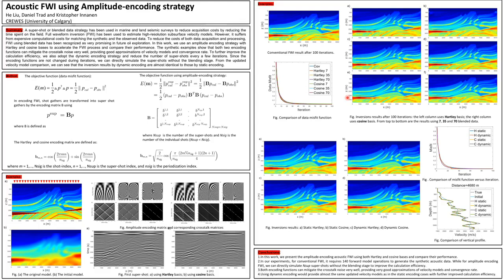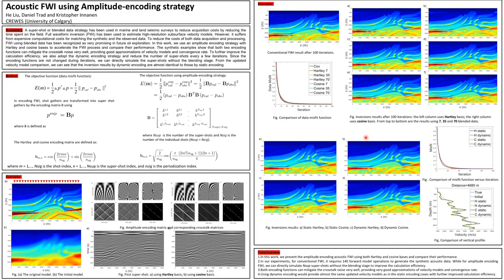To further improve the calculation efficiency, we adopt the dynamic encoding concept. But in our case, instead of changing the encoding function, we reduce the number of blended data every few iterations. In our test, we first still compose the shot gathers into 70 super shots and run 25 iterations, and then we compose them into 35 super shots and run another 25 iterations, using the updated velocity model from the first step as the initial model.